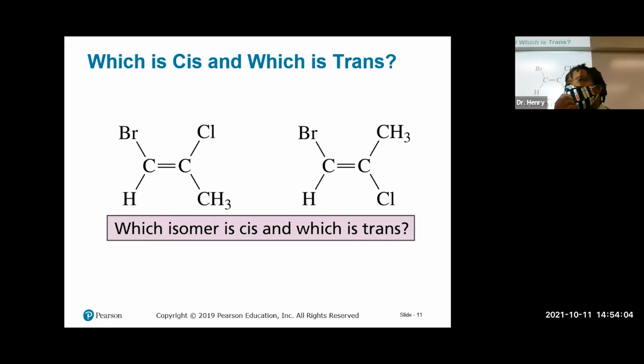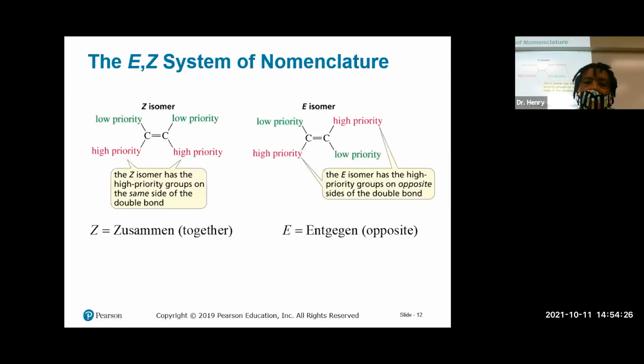When we get into situations where we can't distinguish between what's cis and trans, because you no longer have one of them that is a duplicate of the hydrogen, we have three different priority groups, three different substituents: the bromine, the chlorine, and the methyl. So this brings us to this other system, right?